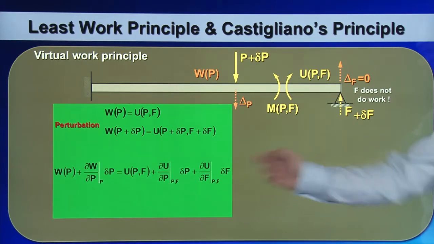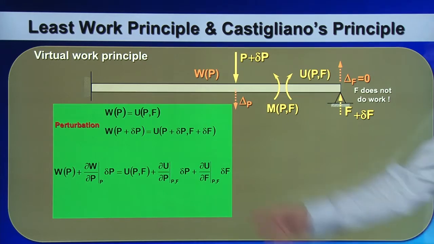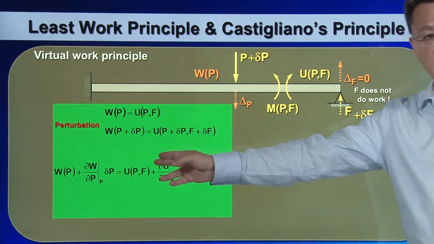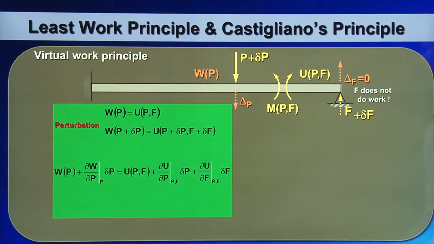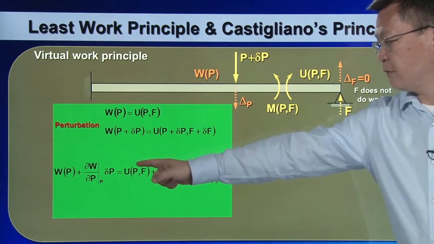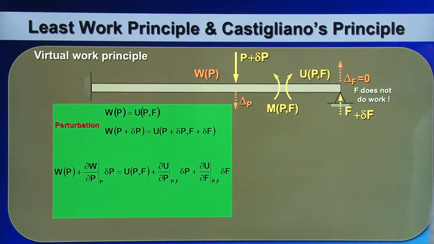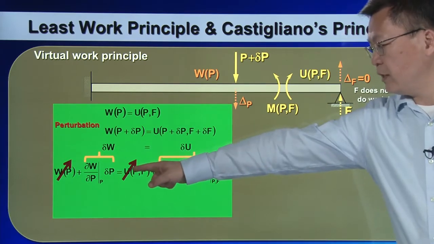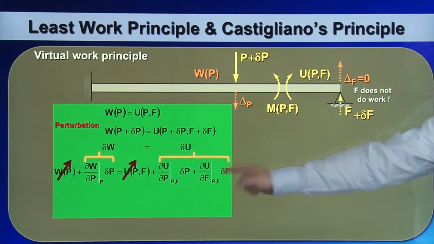So on the left is the work expression. On the right is the strain energy expression under perturbations. According to work and energy equations, the first term on the left and the first term on the right will be canceled. So this is perturbation work, and this is perturbation strain energy.